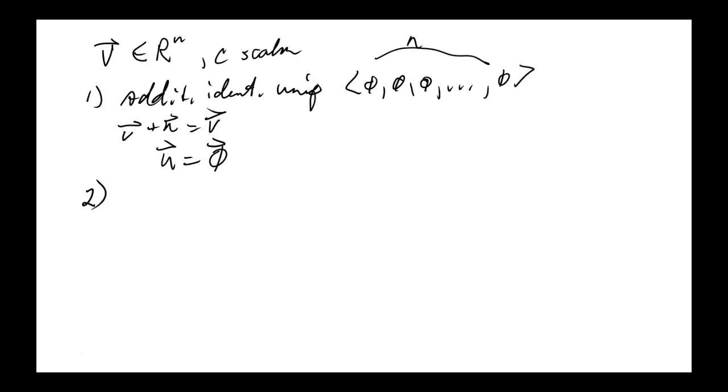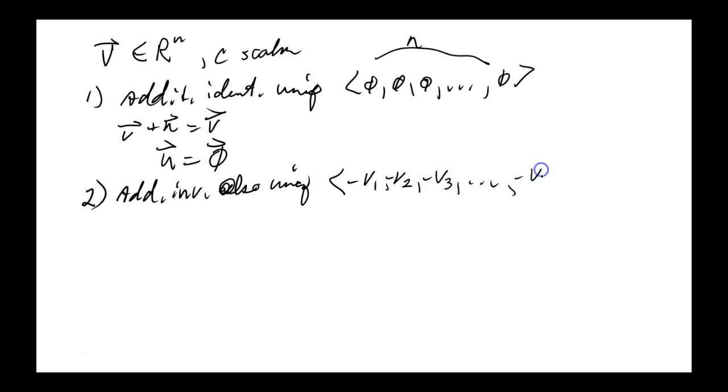Two, the additive inverse of v is also unique, meaning let's say you had v equals v1, v2, v3, dot dot dot, vn, then minus v1, minus v2, minus v3, dot dot dot, minus vn is the only additive inverse you have for v.